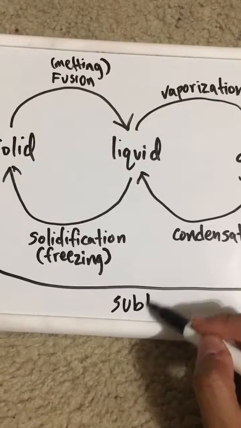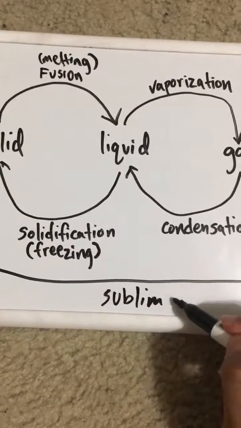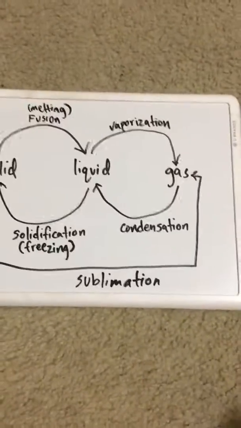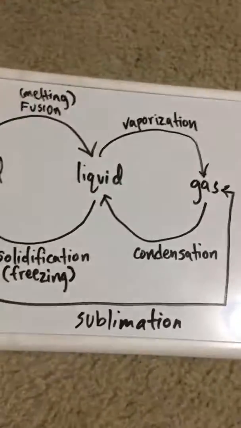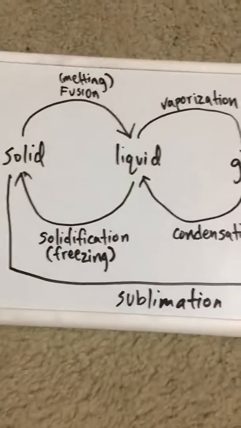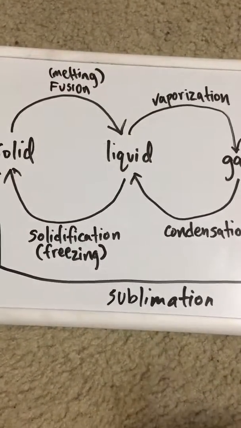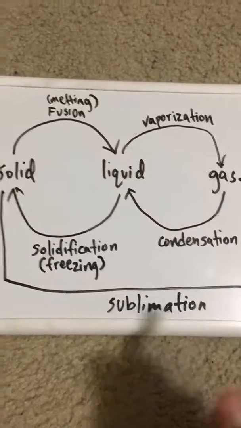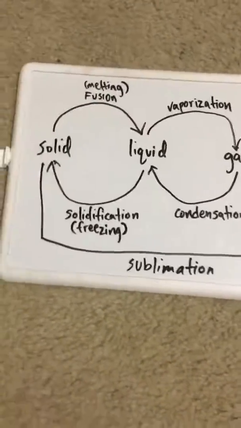Maybe you have heard of dry ice. Dry ice undergoes sublimation at room temperature. That's why it immediately goes to a gas form. So that is sublimation, going from a solid to a gas.